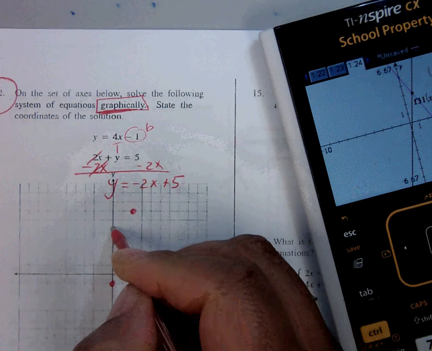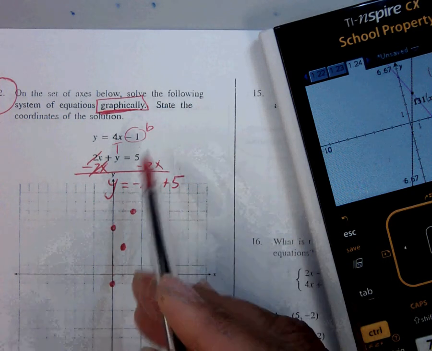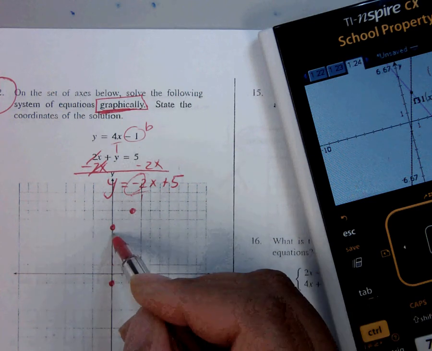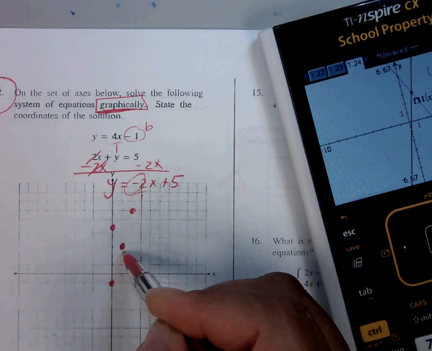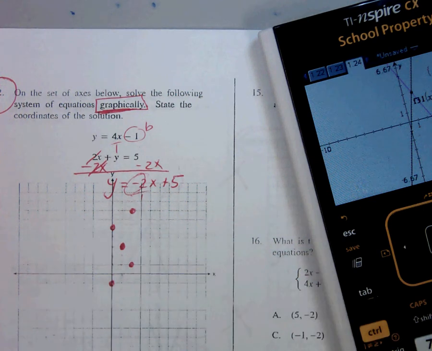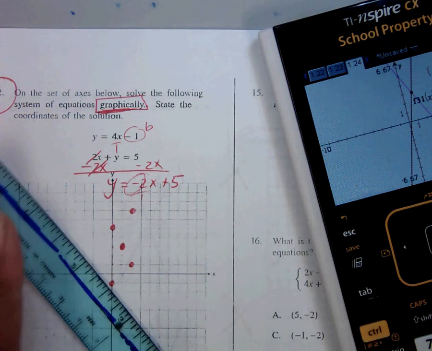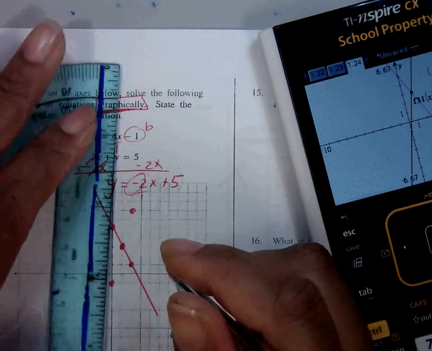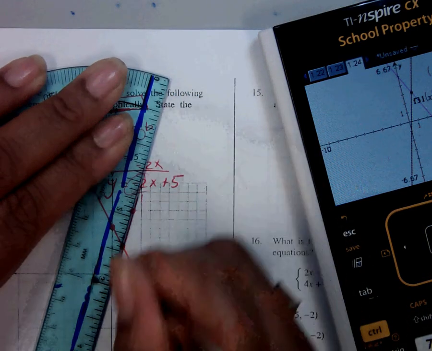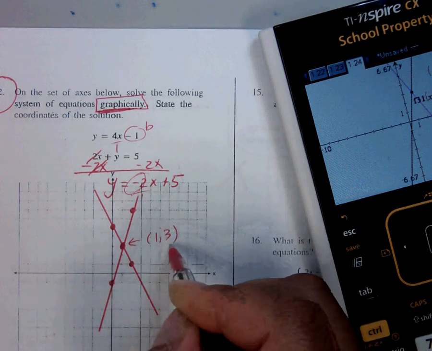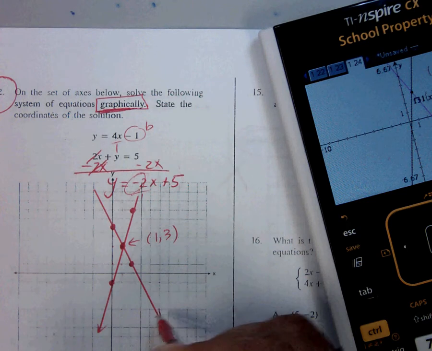That's the y-intercept. The slope, put it over, go down and right. And so I'm going to use here, I have a protractor now, and connect. And there is your proof that what the calculator told us is correct.